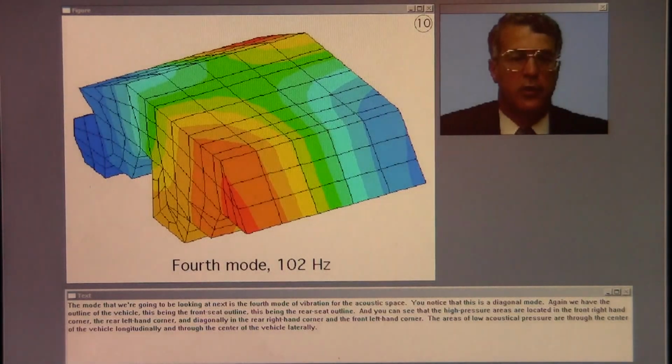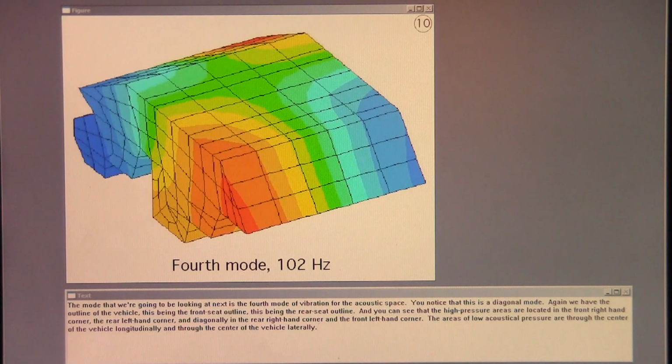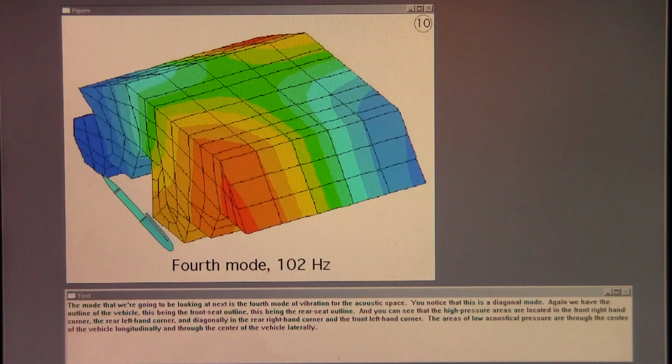The mode that we're going to be looking at next is the fourth mode of vibration for the acoustic space. You notice that this is a diagonal mode. Again, we have the outline of the vehicle, this being the front seat outline, this being the rear seat outline.